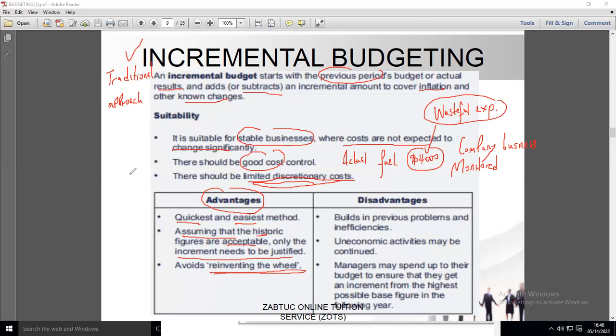We know what our actual costs look like year in, year out. So why do you want to throw away that information on your budgeting? However, this method tends to build in previous problems and inefficiencies. So if there are any inefficiencies reflected here, we'll simply carry them forward.